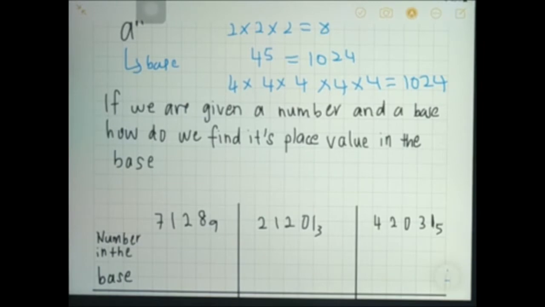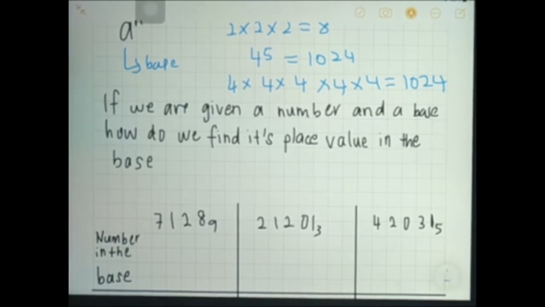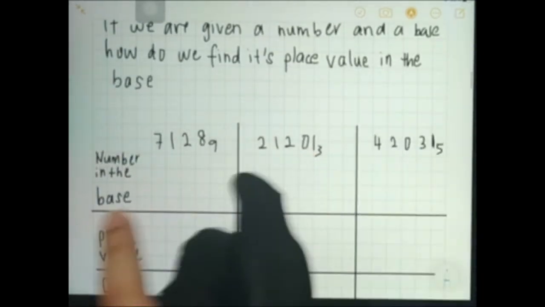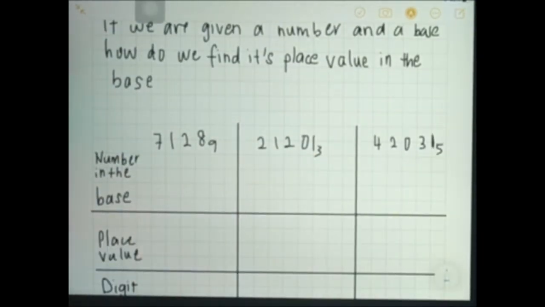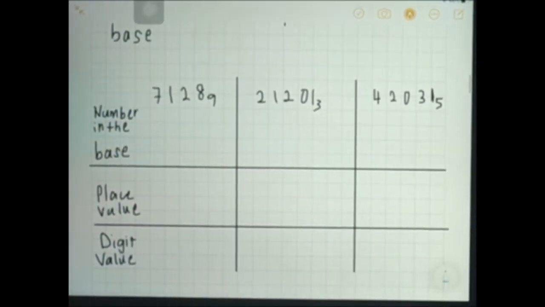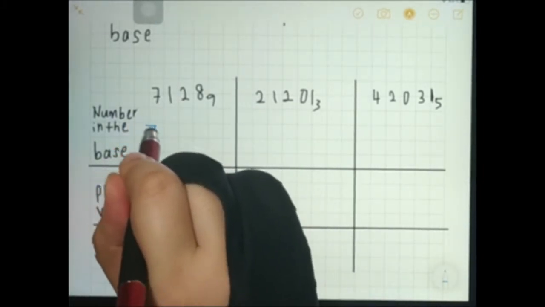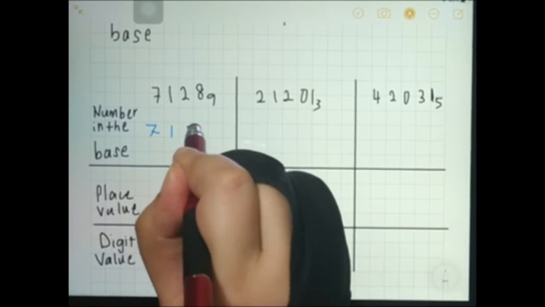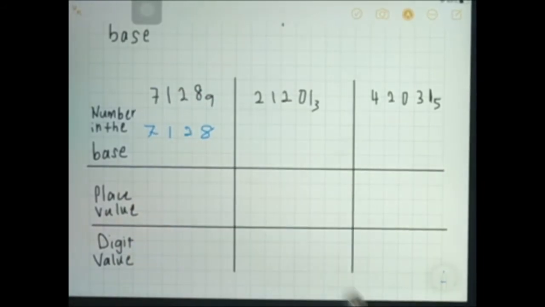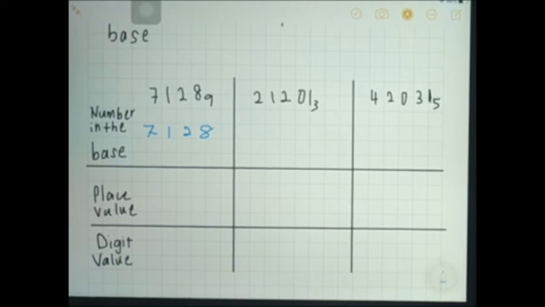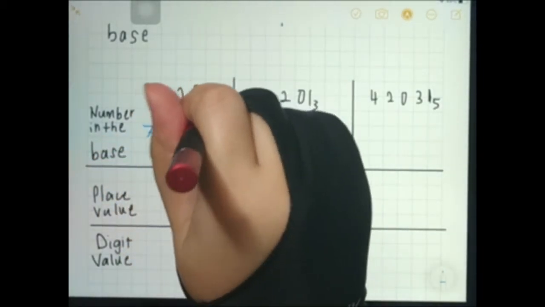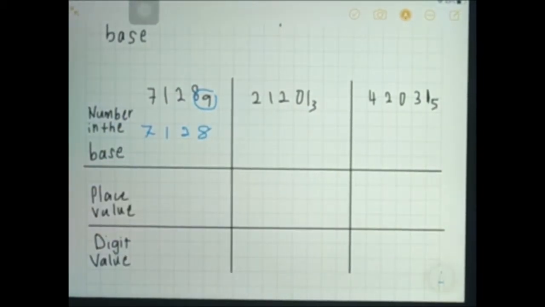If we are given a number and a base, how do we find its place value? I will use these three as examples. So this is a number and a base: 7, 1, 2, 8, base 9. We look at the base. The base is 9.